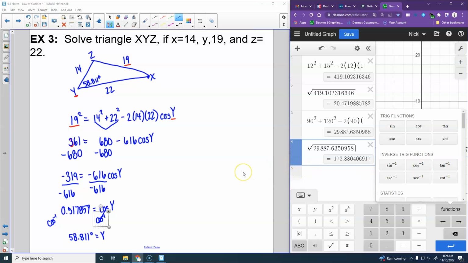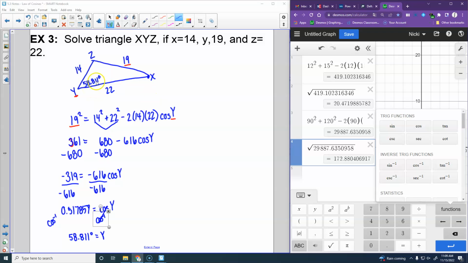Yeah, so I need to do this again. Now, you have options, because you could just use law of cosines again. We could set up the same thing but find x or z. So if you like law of cosines and like doing what we just did, you can. But now that we have an angle, I could also use law of sines.